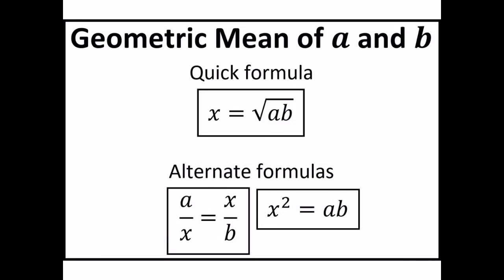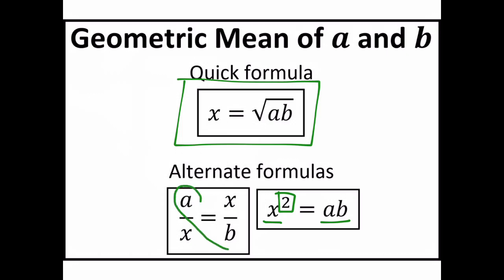When you have that proportion and you use the cross product property, you get x squared equals AB. If you wanted to solve this for x, to get rid of the square, you have to take the square root. What you end up with is that x equals the square root of AB. All that really means is you're taking the one that doesn't happen twice, because the x happens twice, and you're going to multiply those together, a times b, and take the square root. And that's the geometric mean.